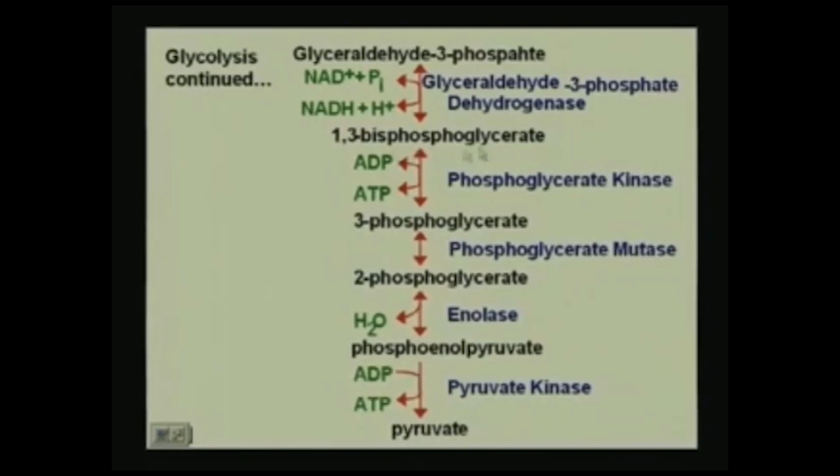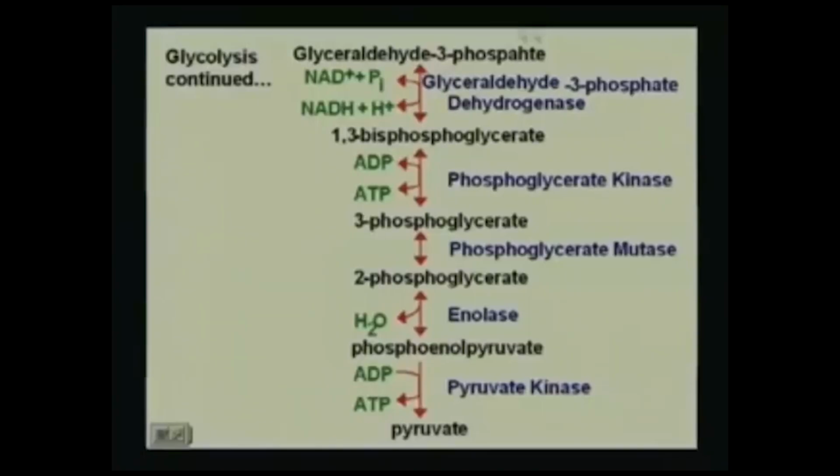Okay, so now we needed the bisphosphoglycerate to oxidize the aldehyde, which in turn reduced NAD+ to NADH, because this is a redox reaction, right? What is getting oxidized in this case? Glyceraldehyde is getting oxidized to form glycerate. What is getting reduced?